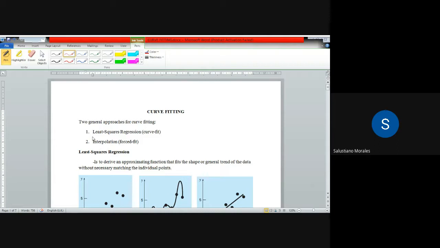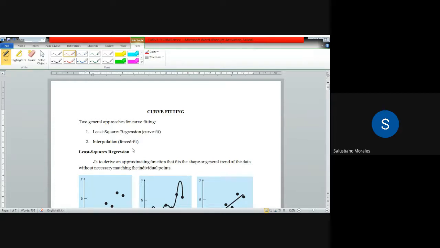In the first one, the least squares regression, we're going to formulate an equation that will only follow the trend of the given data points. It's not necessary that the curve generated by the equation will pass through all the given data points. It will only follow the trend of the given data points.